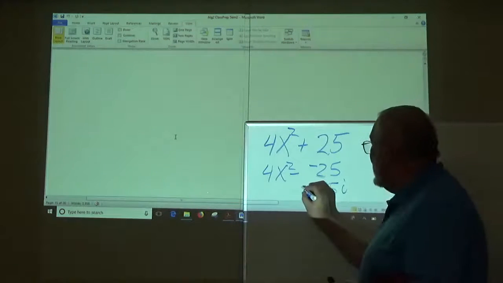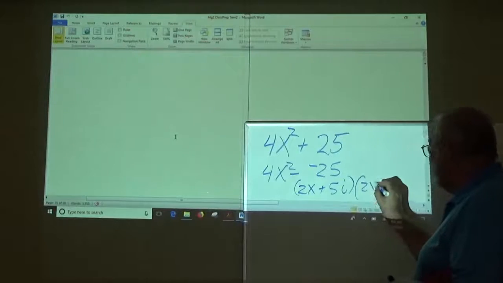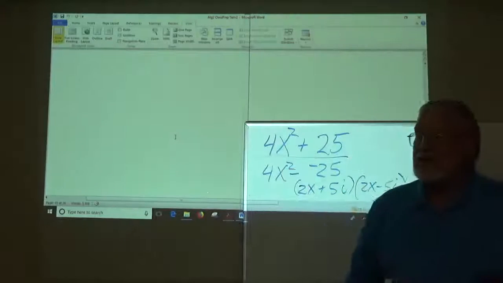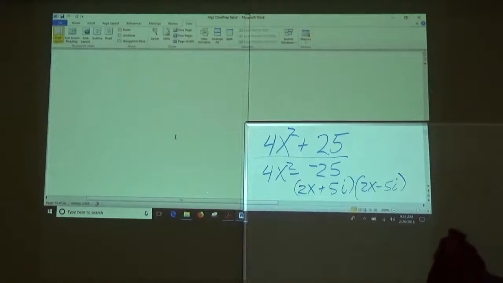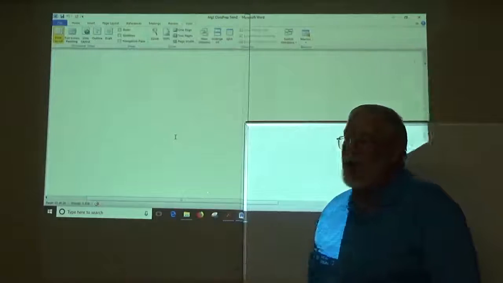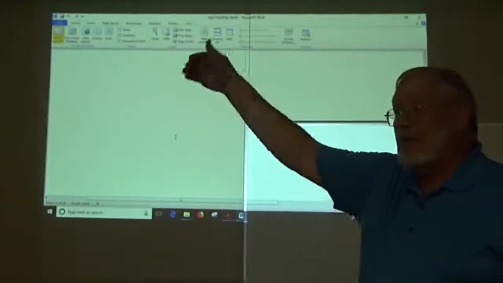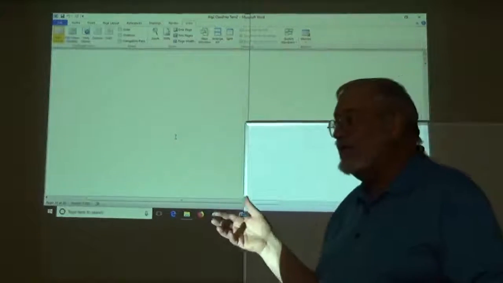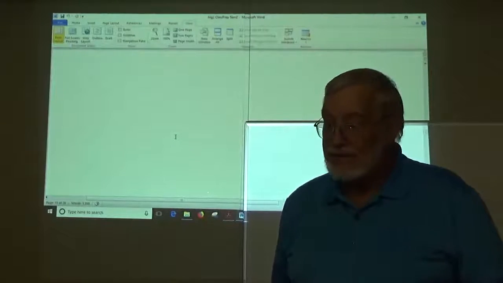And so this becomes 2x plus 5i and 2x minus 5i. So technically, that is a difference of squares, but it's not a real number. Just something to keep in the back of your mind, that as you go up in complexity from Algebra 1 to Algebra 2 to Algebra 3, you're going to pick up some other values which are technically differences of squares, but they're not what we're used to seeing with perfect squares.